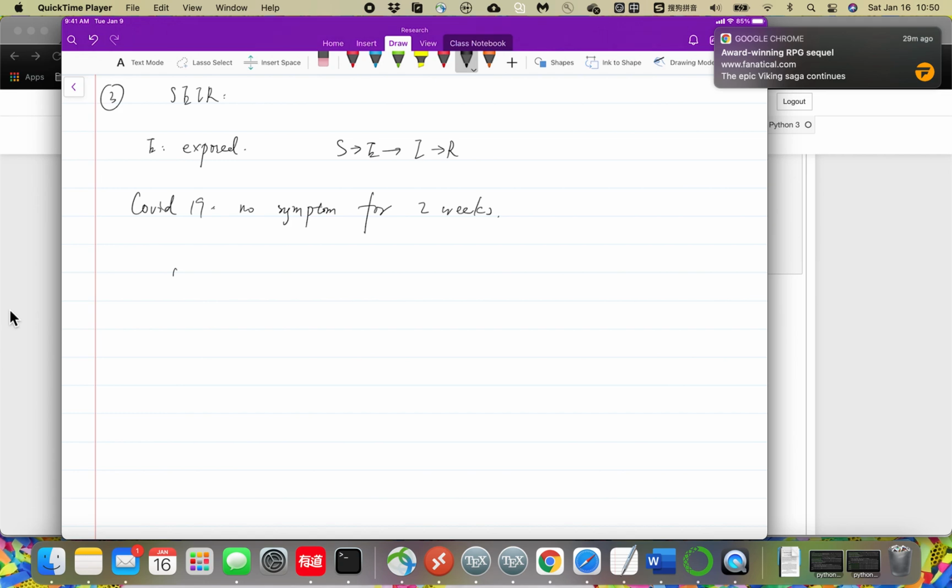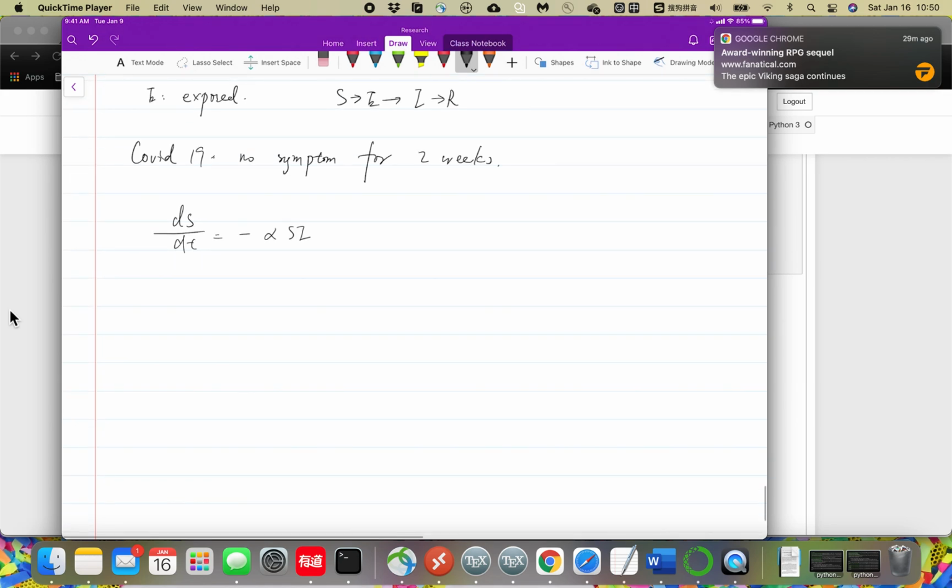Okay. Then dS over dt is going to be negative alpha SI. Fine. Not SI anymore, SE, because they got exposed. dE over dt is going to be the people who just got exposed minus the people who actually get infected.